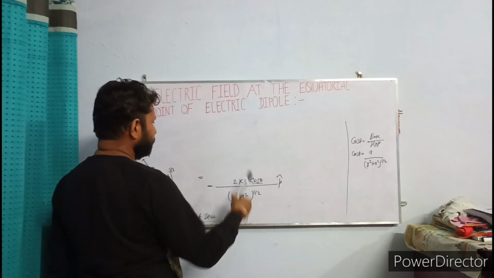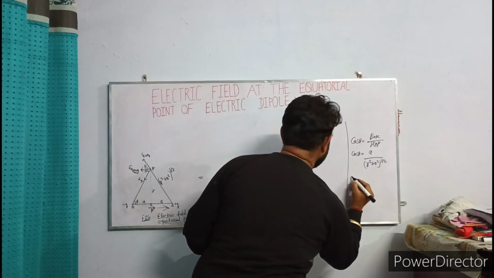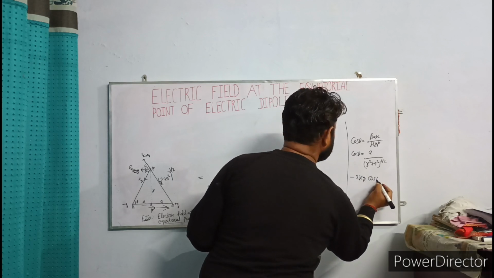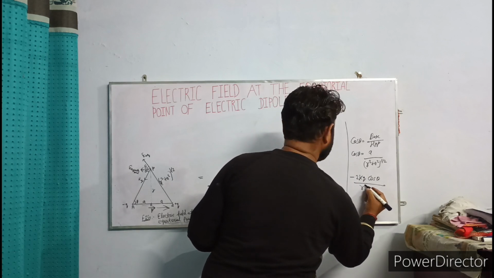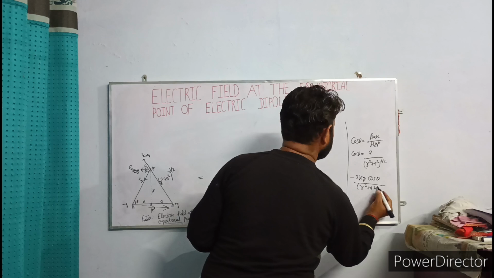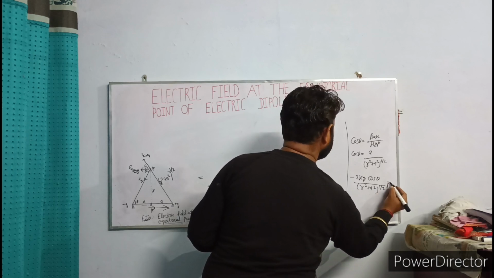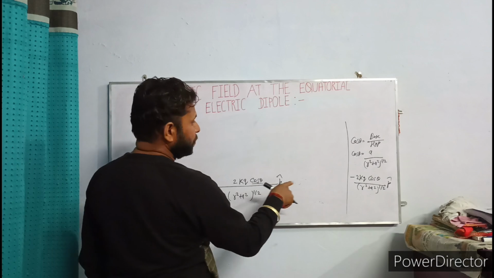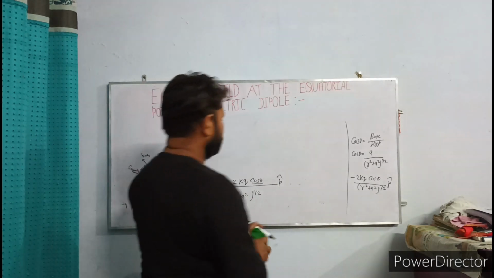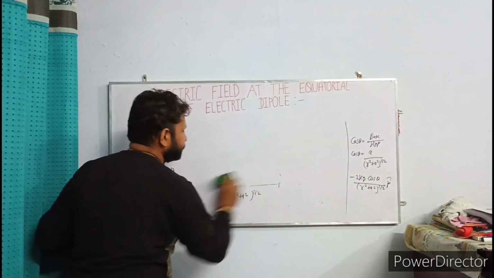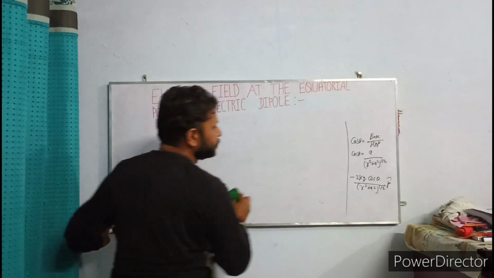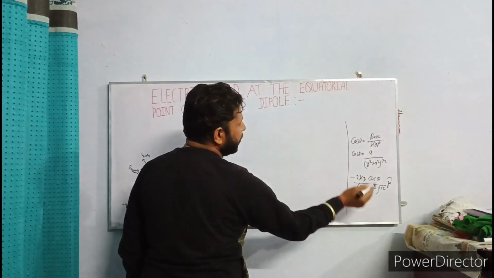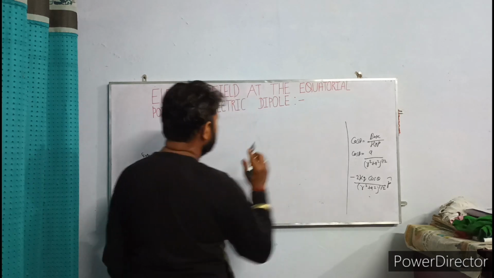Write down this value for further solving: minus 2kq cos theta upon (r square plus a square) power 1 by 2. Then put the value of cos theta from here to here.